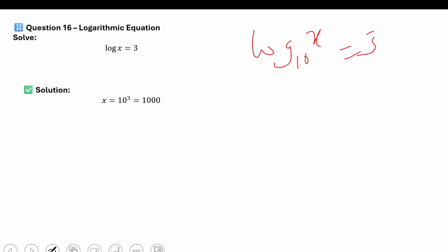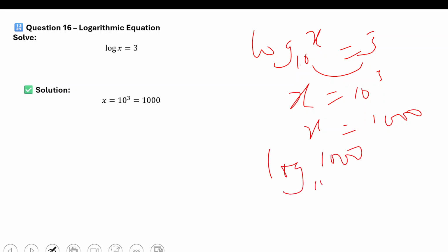So this is x. 10 will go up here, 10 raised to the power 3. So x is equals to 1000. Okay, so if I put it there, it's the same thing as saying log 1000 to base 10 will give you 3. That can be easily proven. All right. So the final answer is 1000 for x.